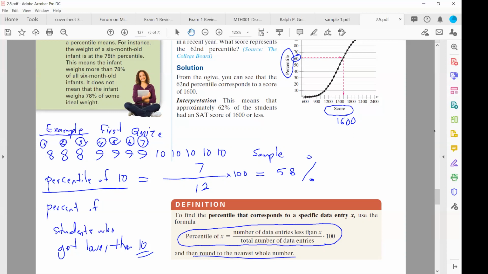It means that 42% of the data of the students are above 10. You get the big picture? Make sense for everyone? Very well.